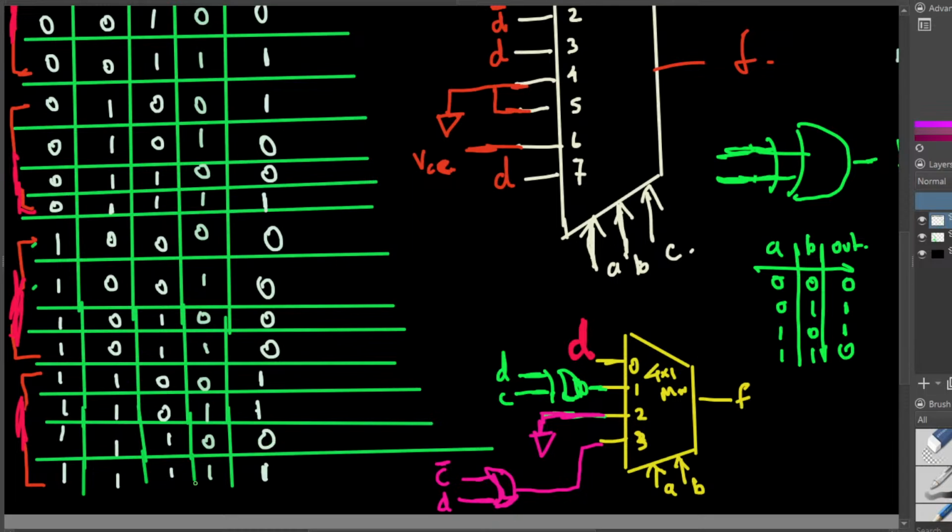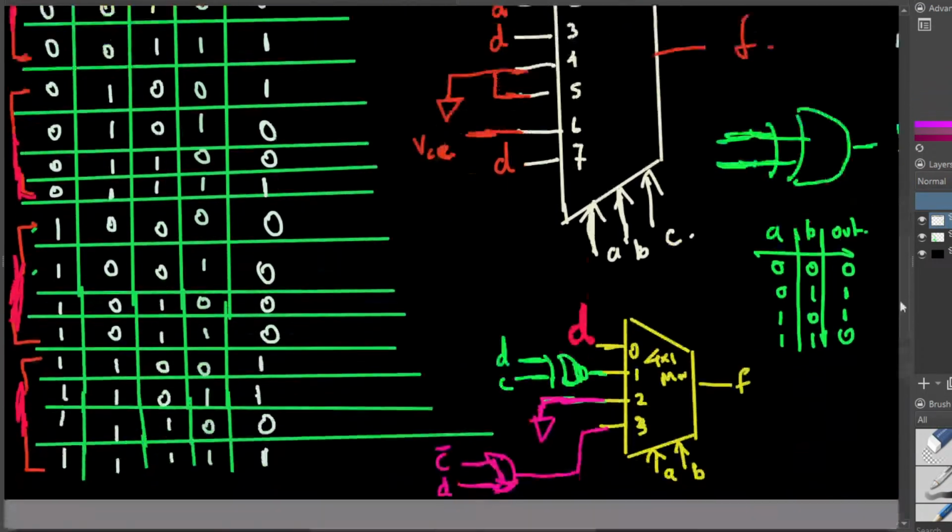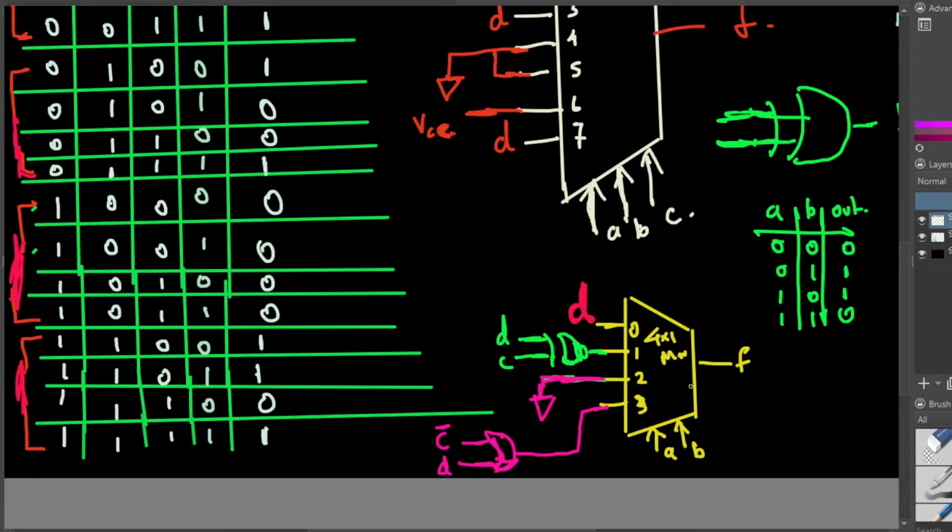That's 0. And if I put a naught here, this is 0. 0 or 1, what is that? That's 1. So this one works. And that's basically it. That's how we can design the exact same function with a 4x1 mux. We can design it with a 4x1 mux as well.